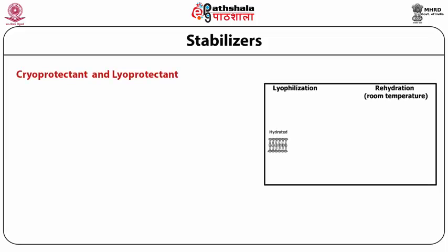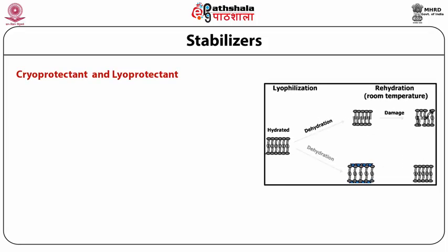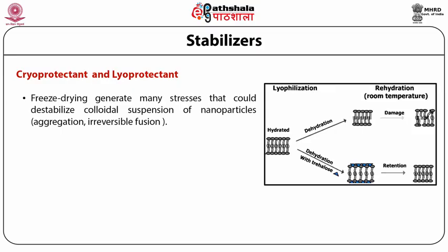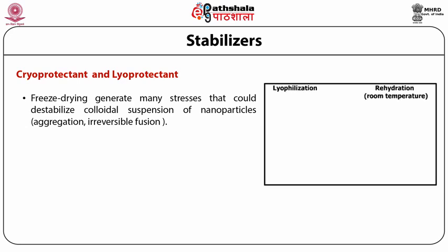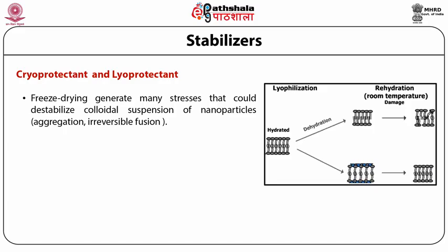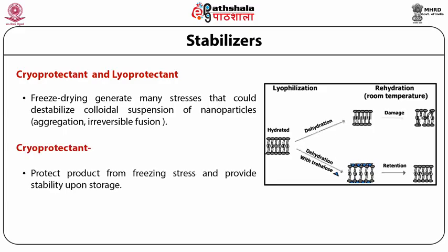Cryoprotectants and lyoprotectants are another category of excipients. Freeze drying generates many stresses that could destabilize colloidal suspension of nanoparticles, that is, in the form of aggregation or irreversible fusion. Cryoprotectants generally protect product from freezing stress and provide stability upon storage.